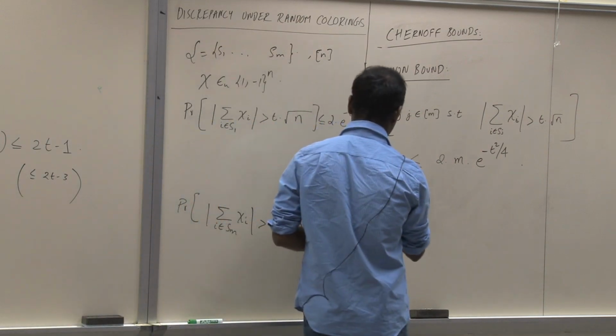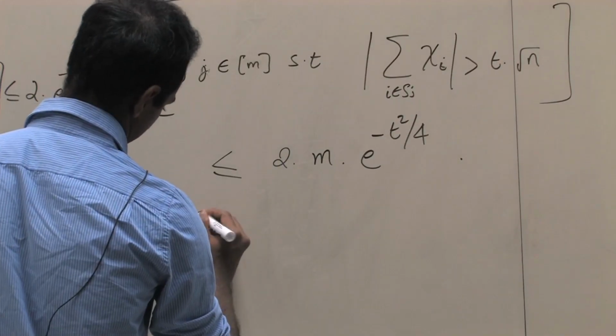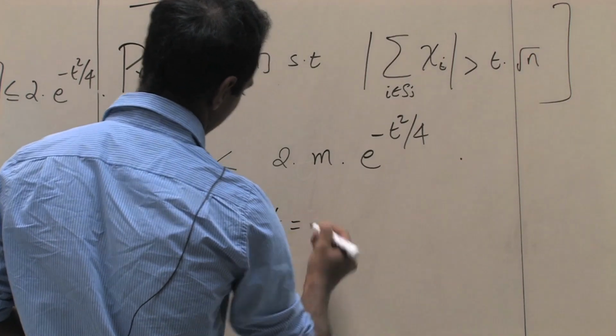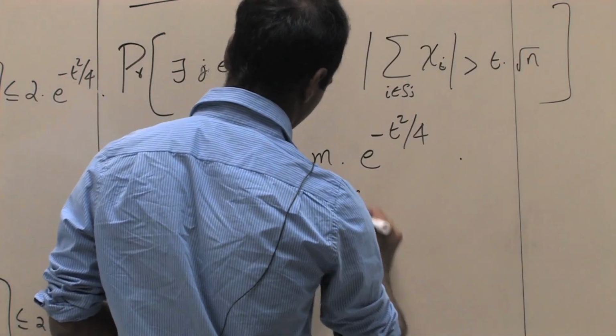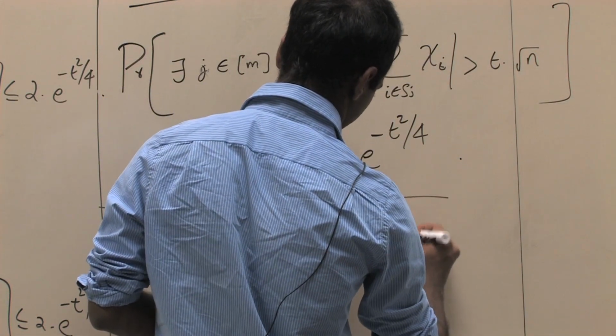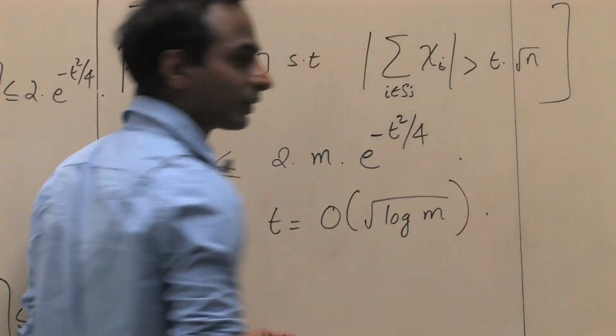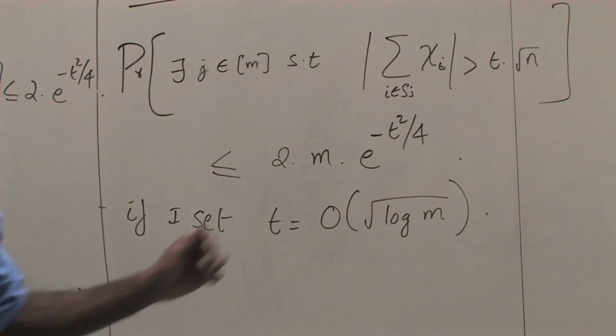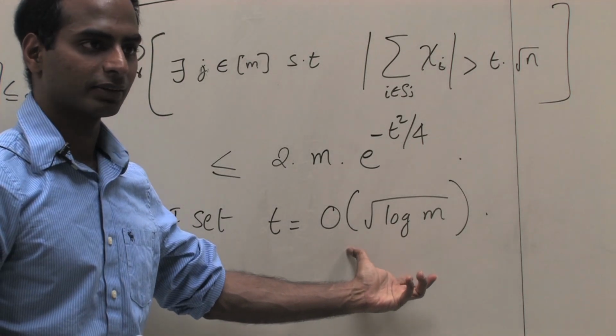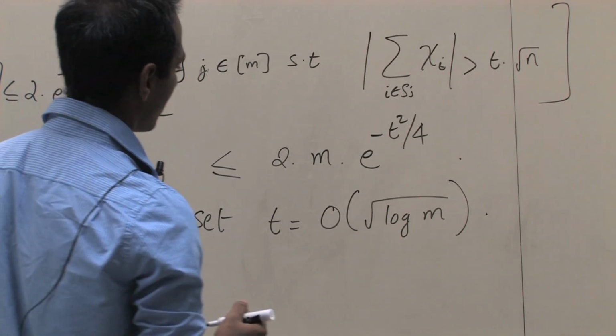Now if I set t to be some O of square root of log m, okay, so if I choose such a big t, then what happens to this bound?